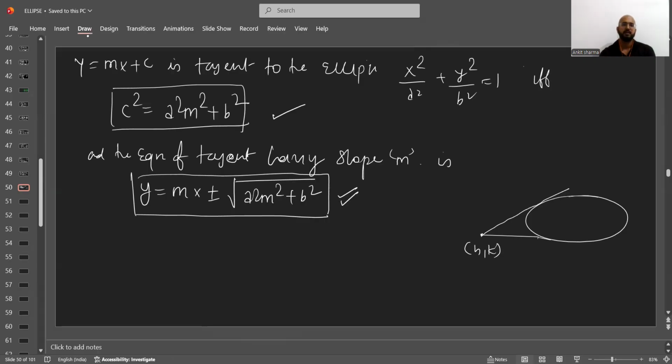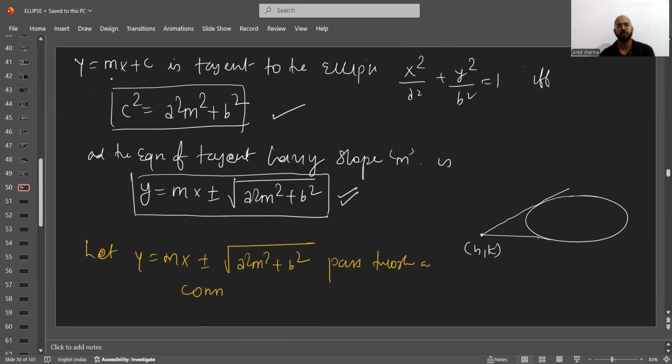Now let y is equal to mx plus minus the root of a square m square plus b square pass through a common point, or we could better say they meet at this point, say P, h comma k. So this implies h comma k would lie on each of them.